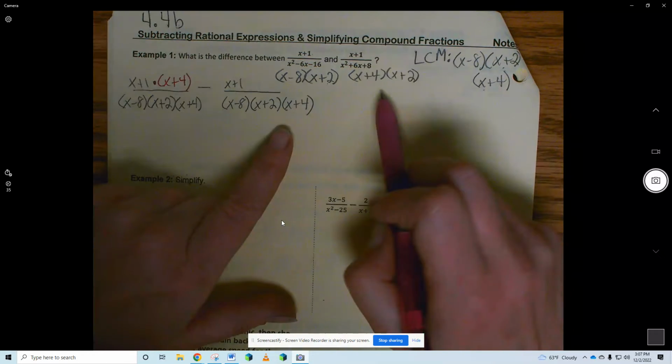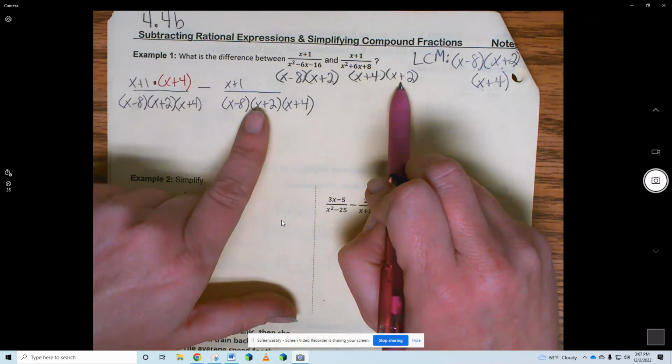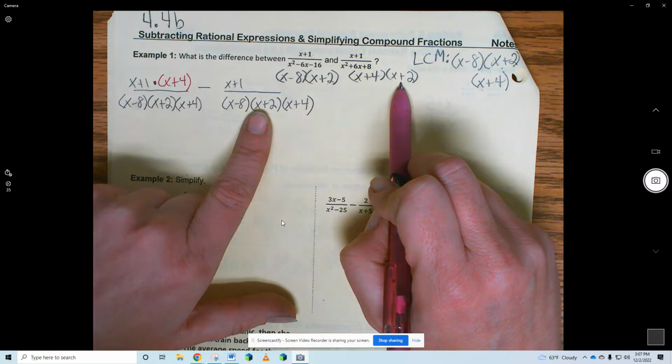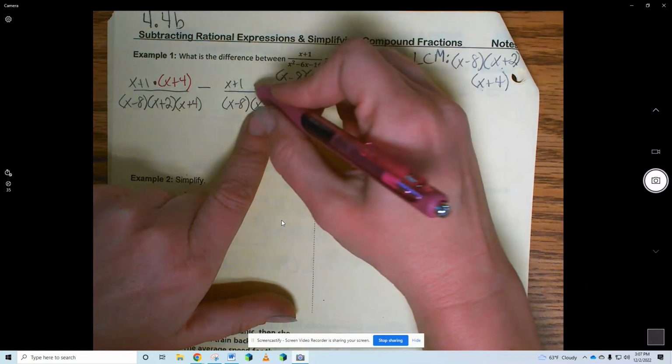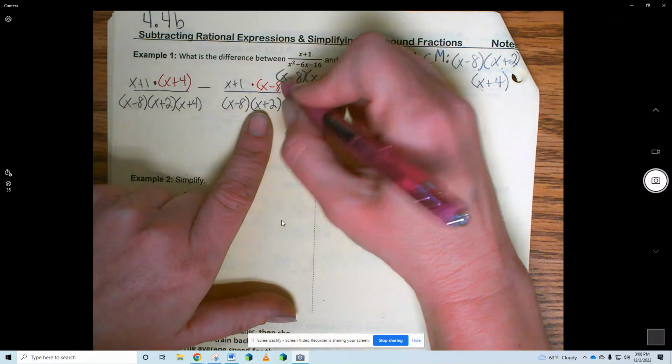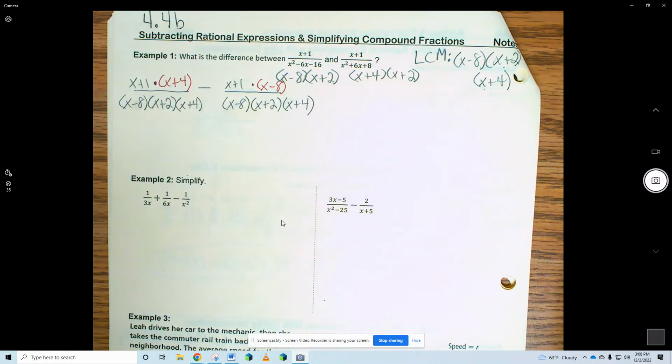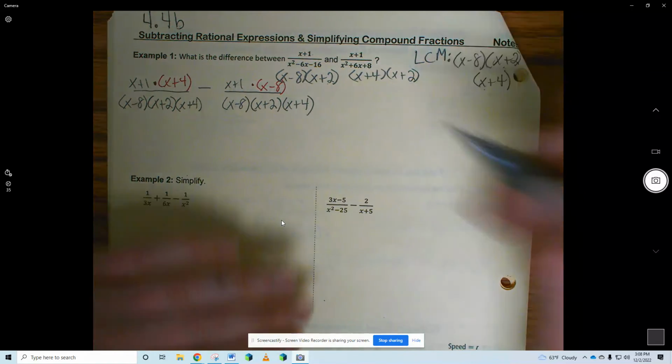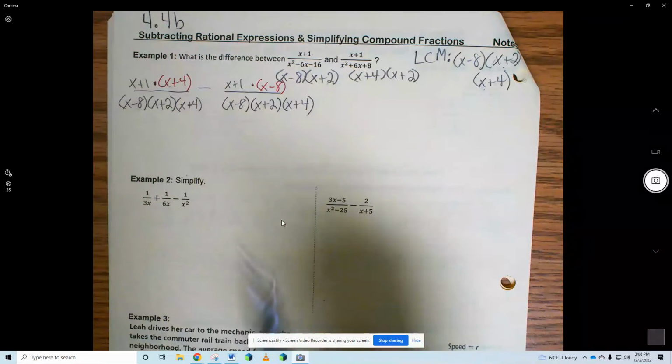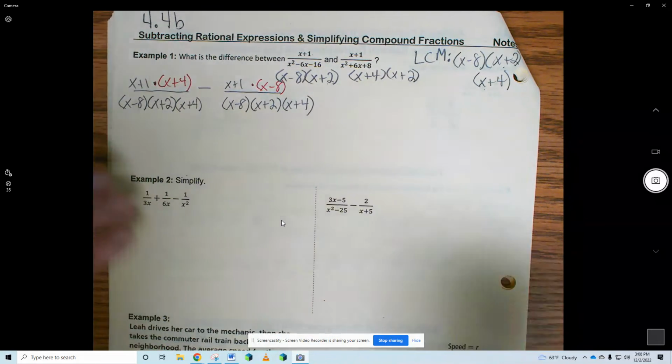Second fraction had only an x plus 4 and an x plus 2. What do I need to multiply to get all three? The x minus 8. Yep. Okay. So I want to FOIL both of them before I start subtracting.